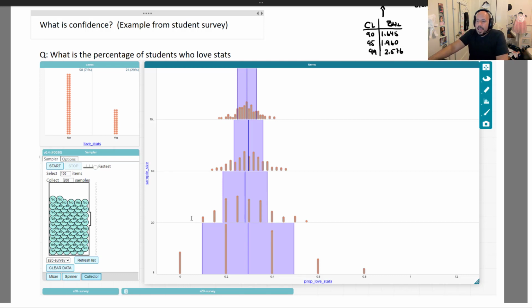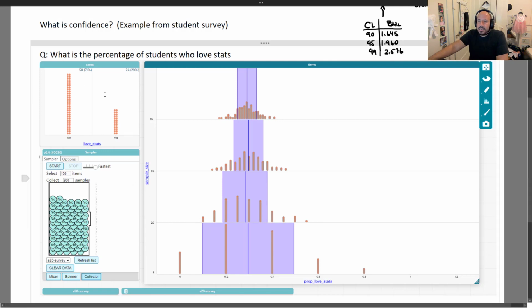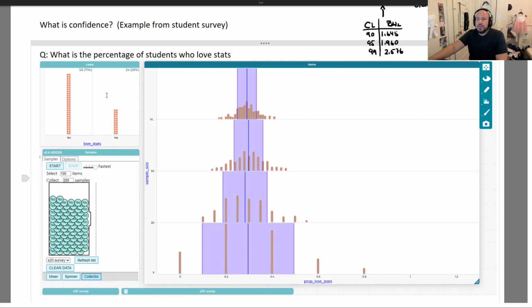Okay, and basically understanding confidence level, and really understanding a lot of what we're doing with statistical inference, comes down to understanding what we're doing when we are sampling.